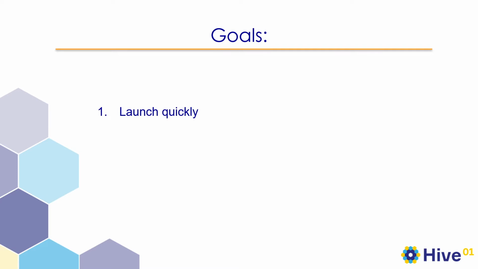Launching it quickly doesn't just mean launch it quickly, it means launch something bad quickly. An MVP doesn't need to be particularly good, it doesn't need to be particularly bug-free in the sense of a program. It basically just needs to be there. It doesn't need to be sophisticated, it can be made quick and dirty, so to speak.